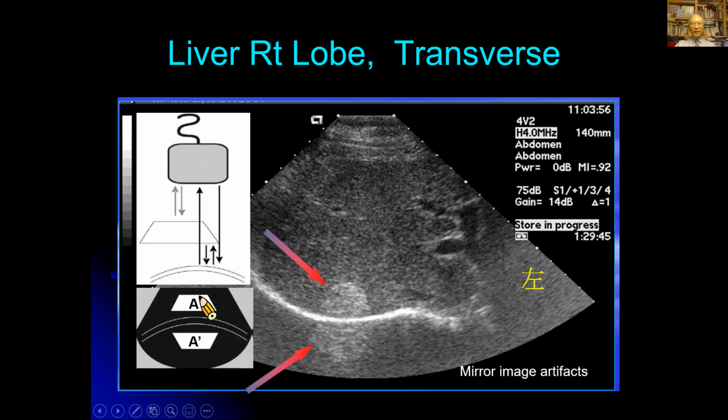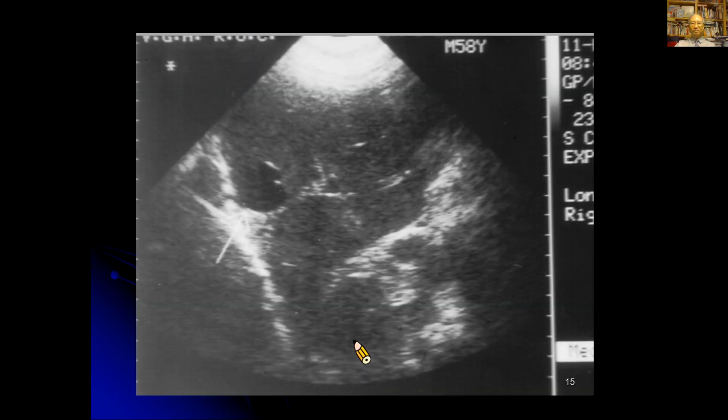Just like this, A is the real one, A prime here is a pseudo hemangioma. And sometimes a cystic structure can also be reflected above the diaphragm.